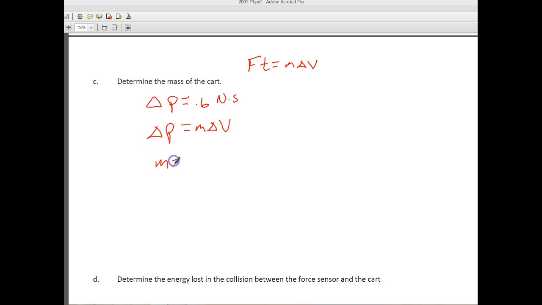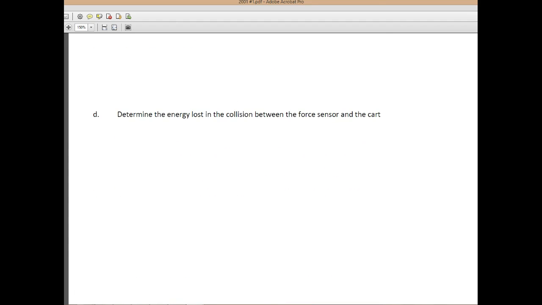If I want m, I'm just going to do the change in momentum over the change in the velocity. Change in momentum was 0.6. We know the change in velocity was 0.4 meters per second, so that comes out to be 1.5 kilograms, which is really simple again.